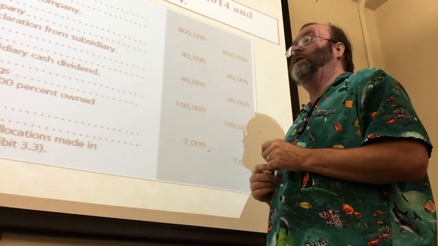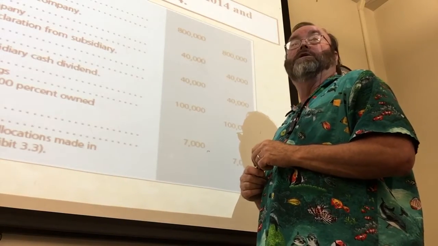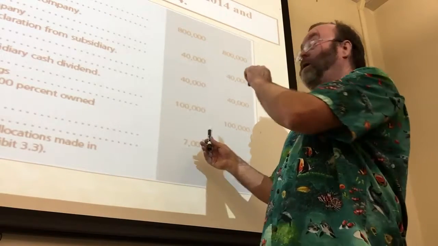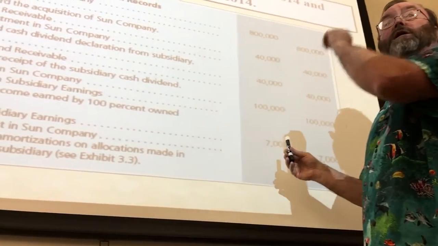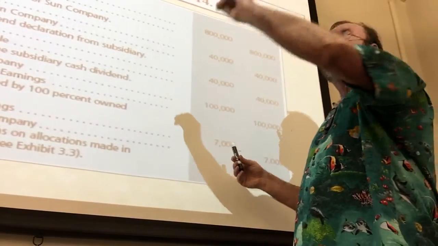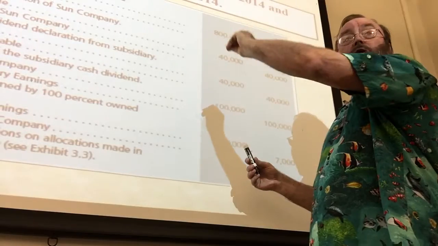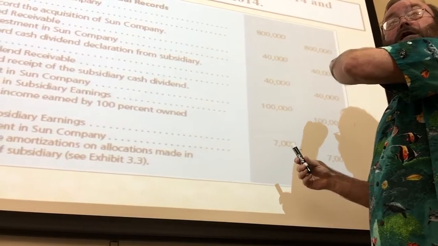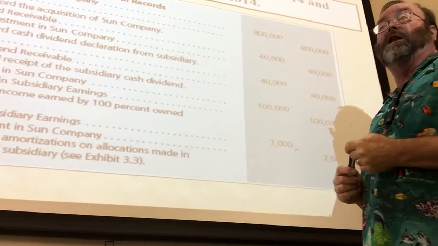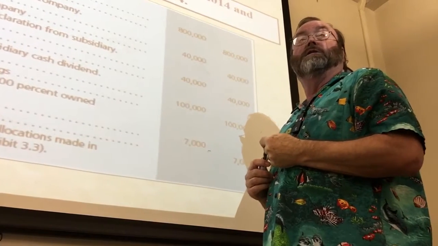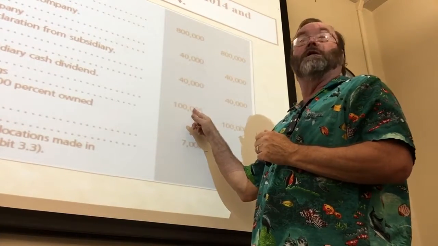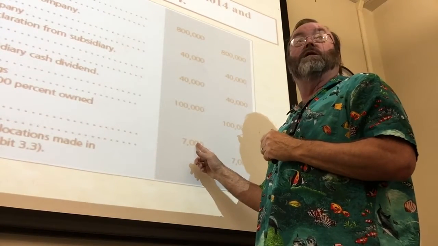So it's a $7,000 reduction. So on the parent company, they will have equity earnings in subsidiary of $93,000: the $100,000 minus the $7,000.